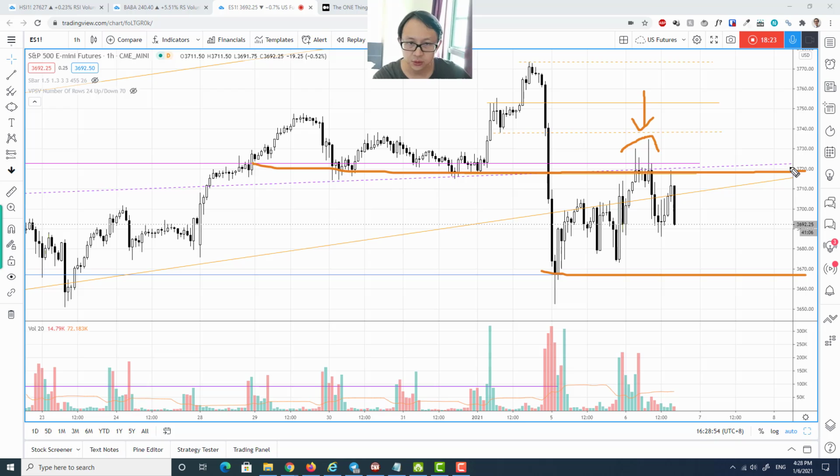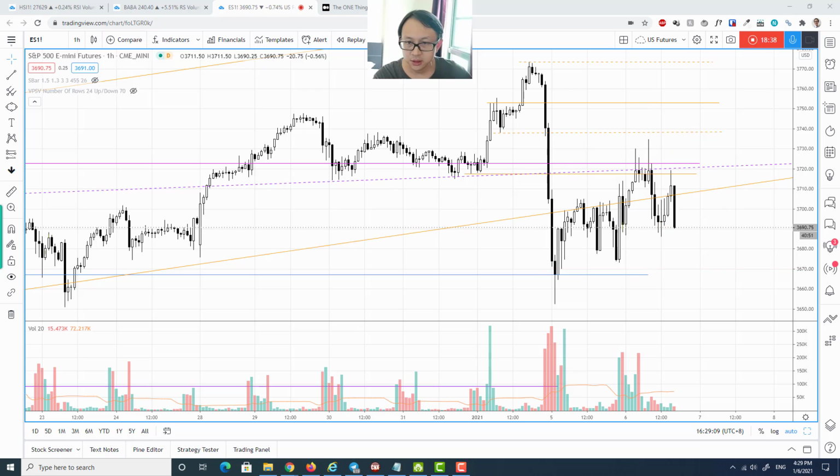it just tested 37.20 with this rejection tail, and followed by a reaction during today Asian throughout the European London session, and currently we have a big bearish bar going on. So I think that is quite a nice move.